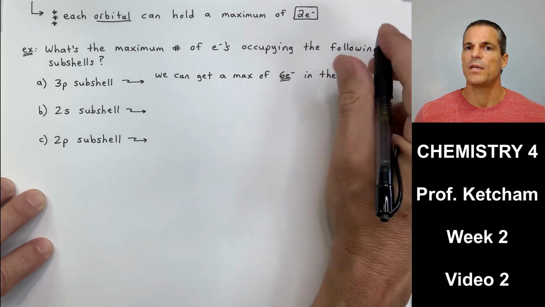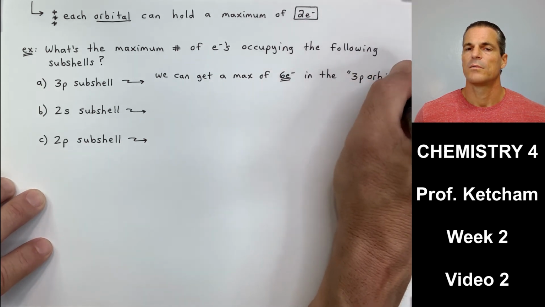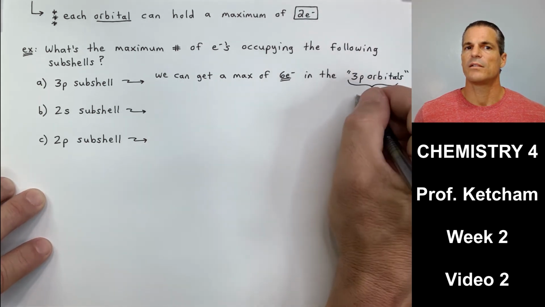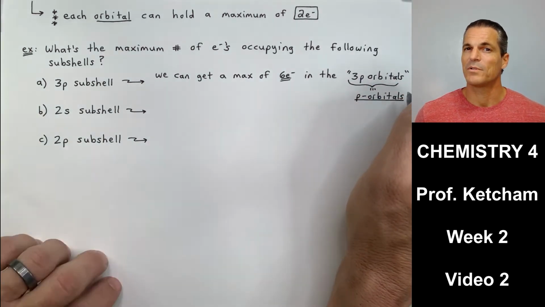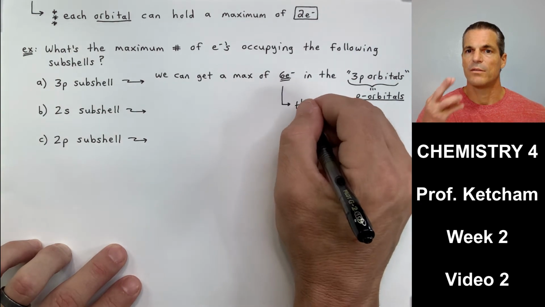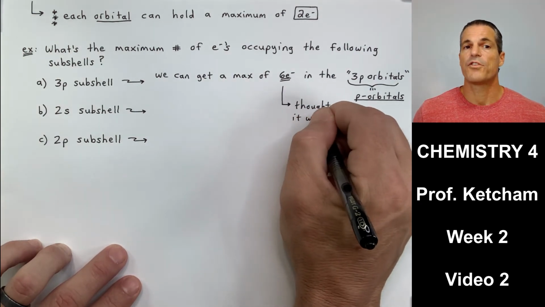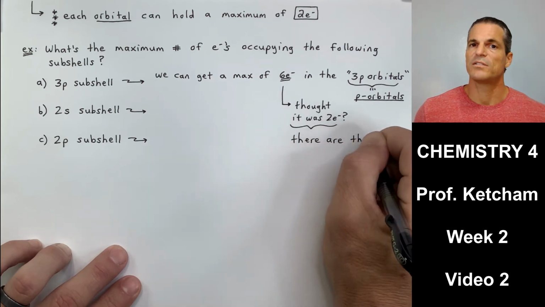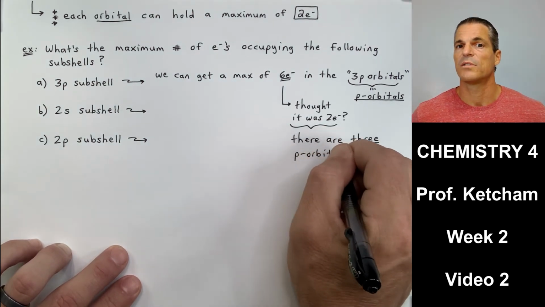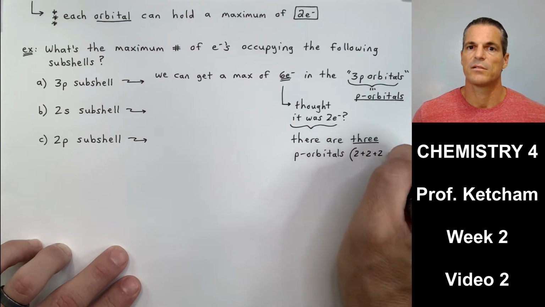But I thought you can only get 2 electrons max in an orbital. Well, that's correct, but how many orbitals are there in the p subshell? There's 3. So you can get 2 electrons in each of those 3 p orbitals, a total of 6 electrons.